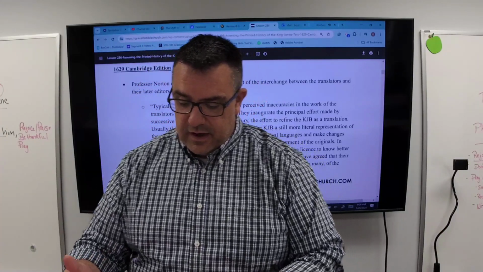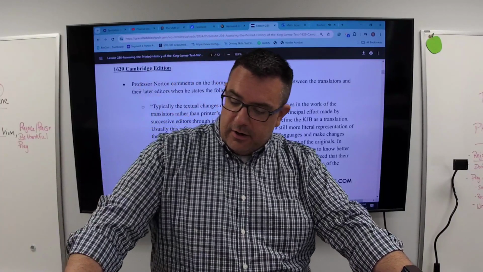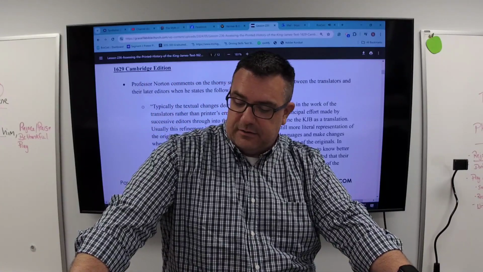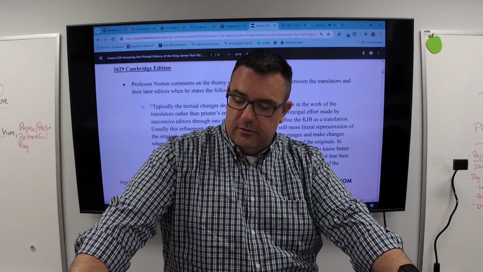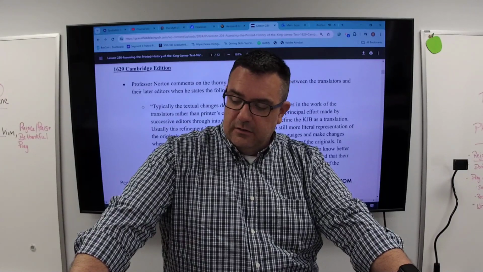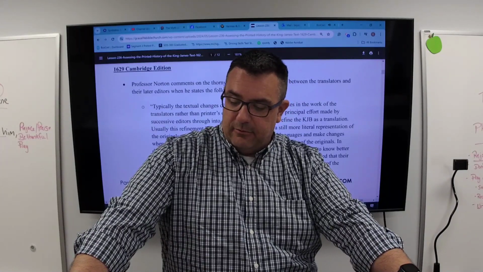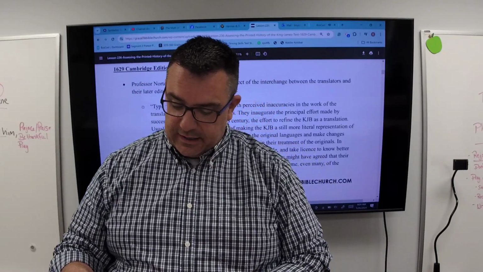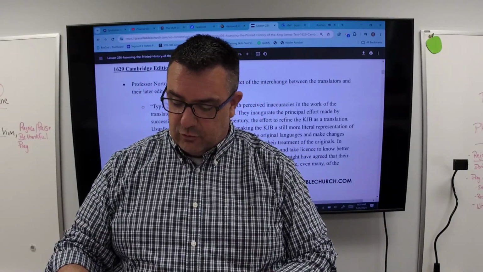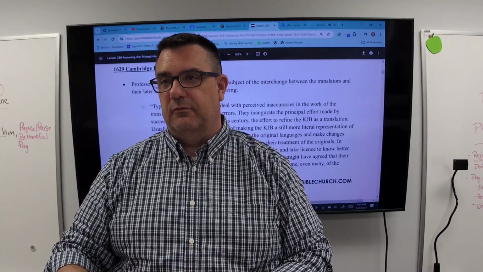Okay? "They inaugurate the principal effect made by the successive editors through into this century, the effect to refine the King James Bible as a translation. Usually this refinement is a matter of making the King James Bible a still more literal representation of the originals."